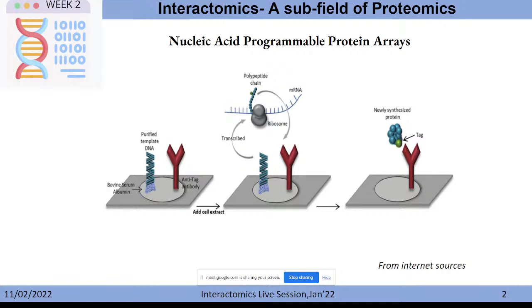So this NAPA, or the nucleic acid programmable protein arrays, was based on the concept that at the cell-free level, you can easily identify and understand all those proteins.